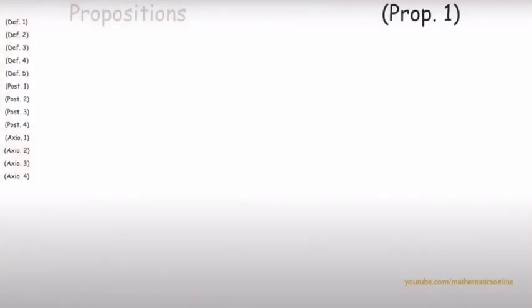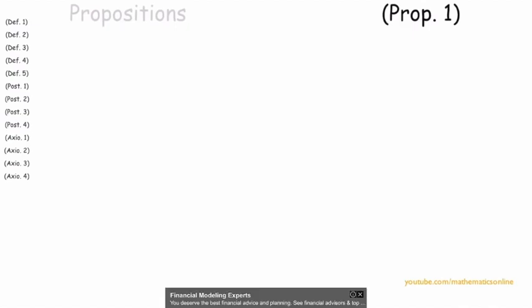So now we begin with our very first proposition. And it states that with any straight line, you can always make a perfect equilateral triangle. So this is our given line, and remember, we can start with any straight line. So first we begin with postulate 3 and create circle AB.